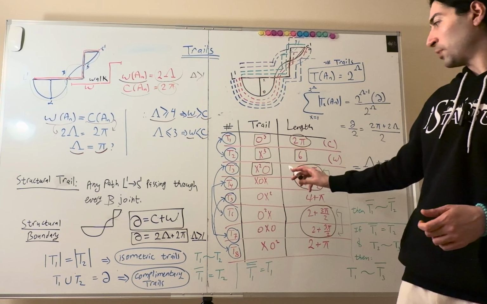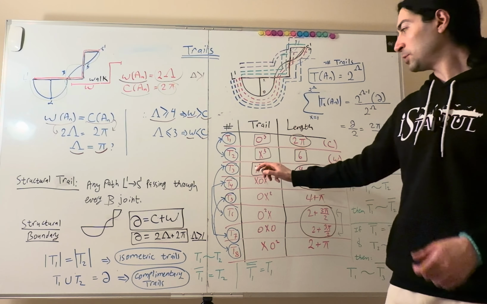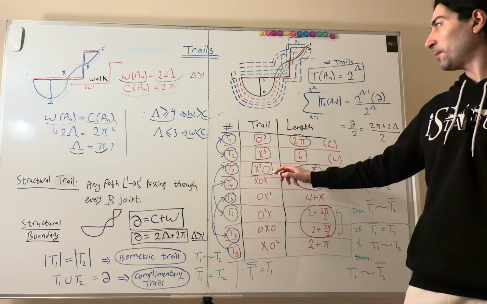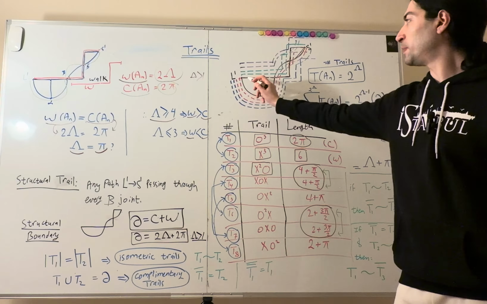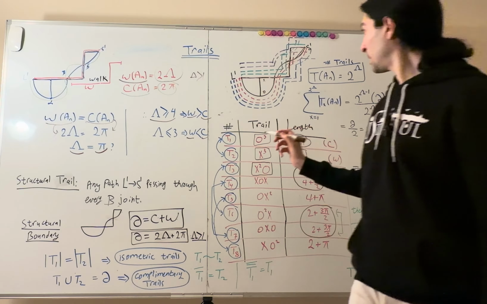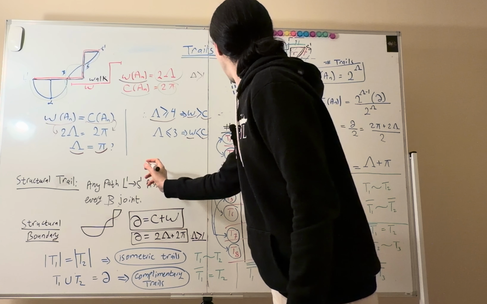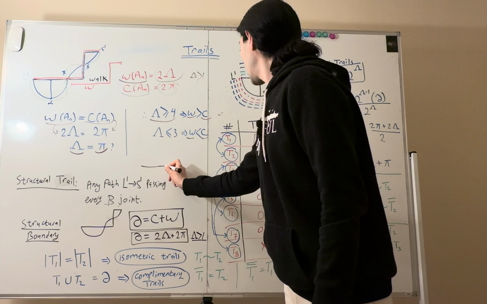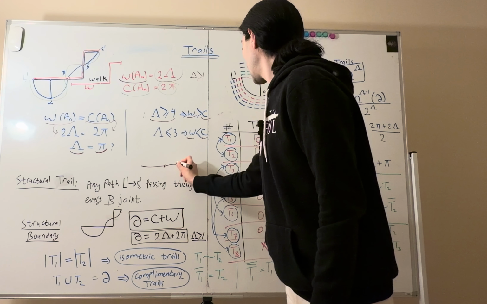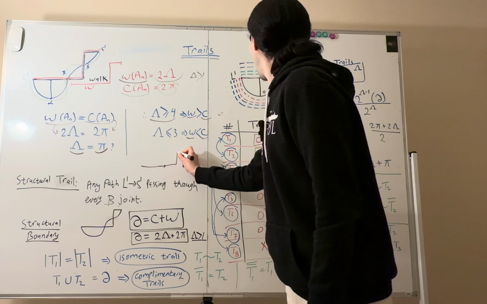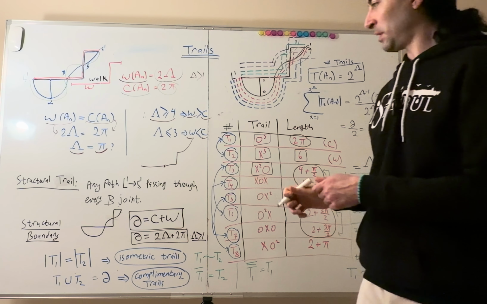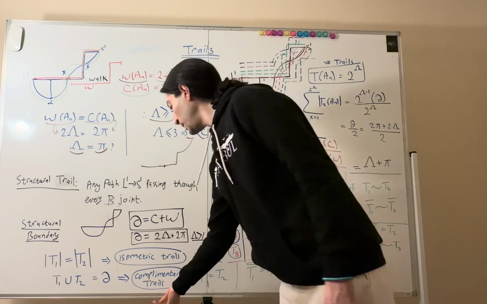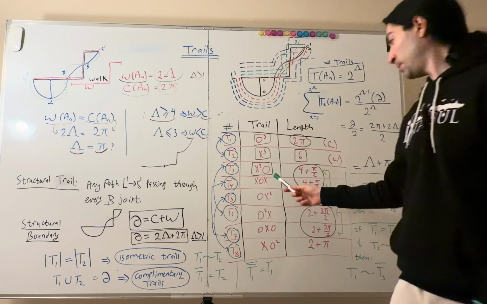We have the trail T3, which is x squared O. So this would be, let's try to draw it maybe. So x squared O will be something like this, and then an O. There you go. This will be complementary. We simply flip the letters.